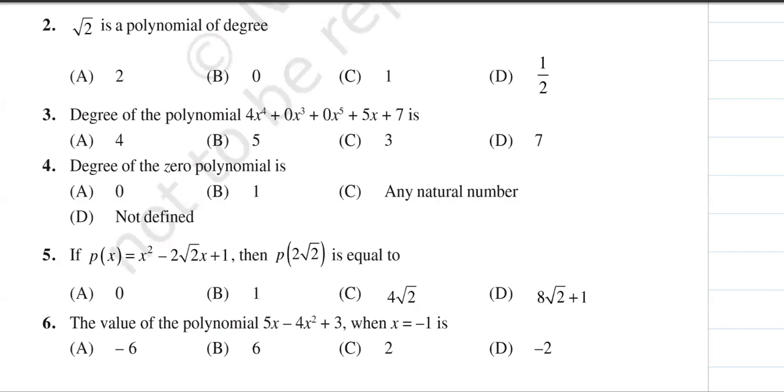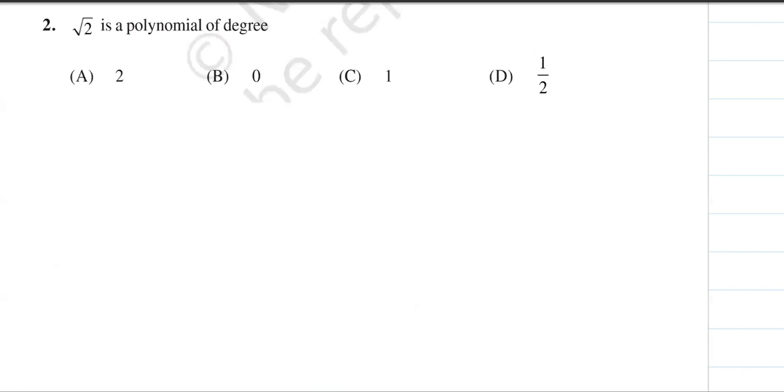Now we are on question number 2. Now in question number 2, it says root 2 is a polynomial of degree what? That means you can see that root 2 can be written as root 2 into 1. And you know that I can replace 1 as x raised to the power 0.